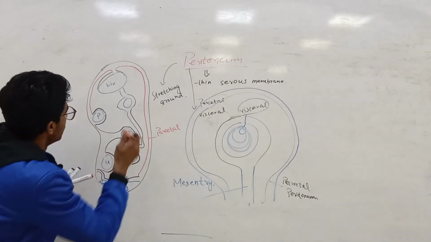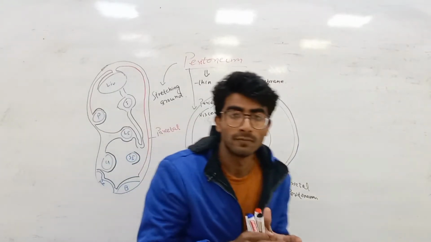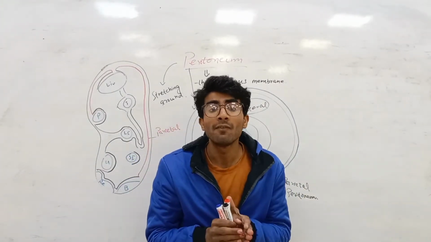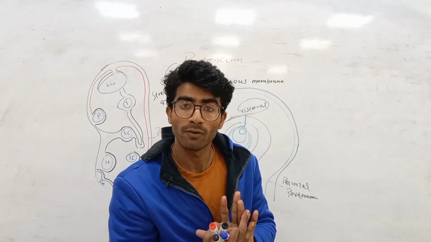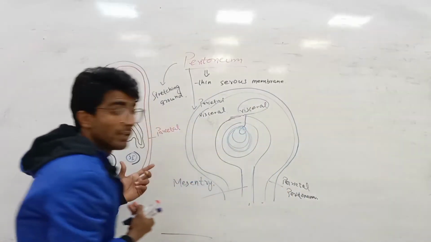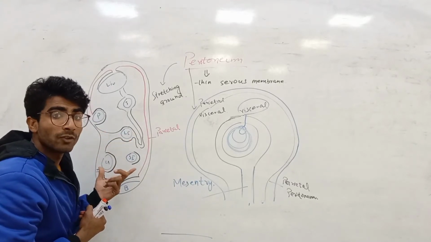Our abdomen has omentum, a twofold layer which is the lesser omentum and the greater omentum.